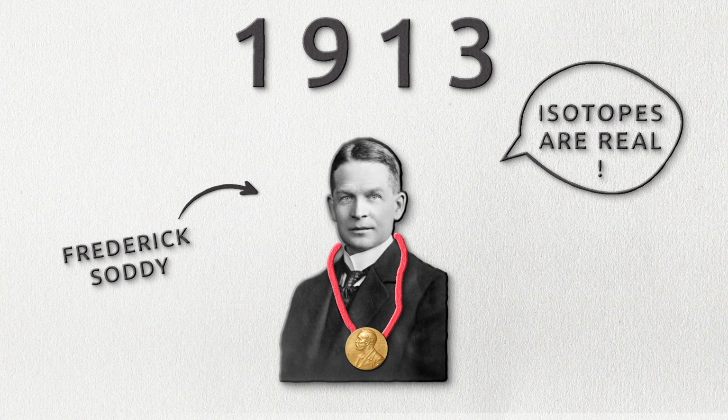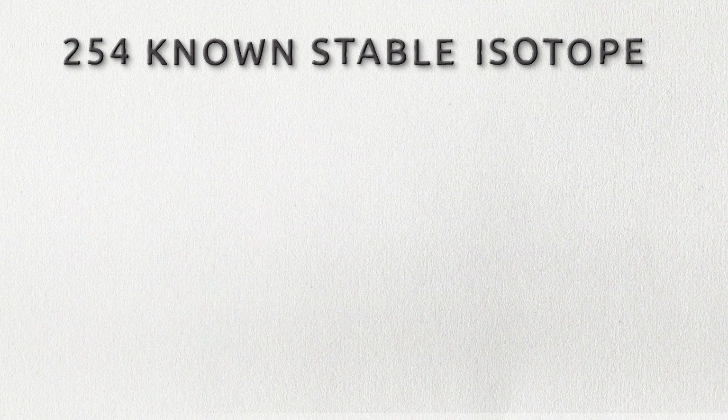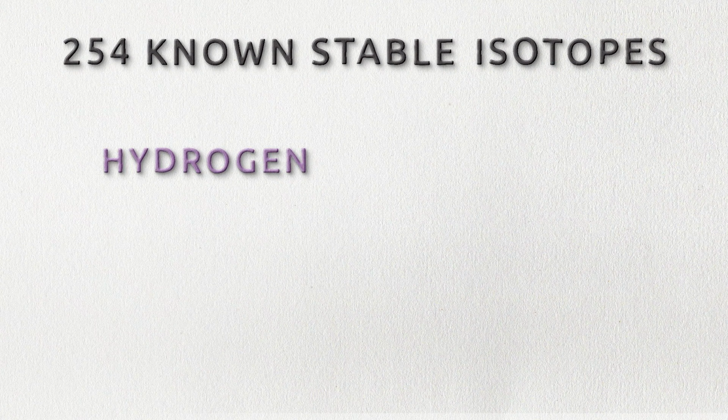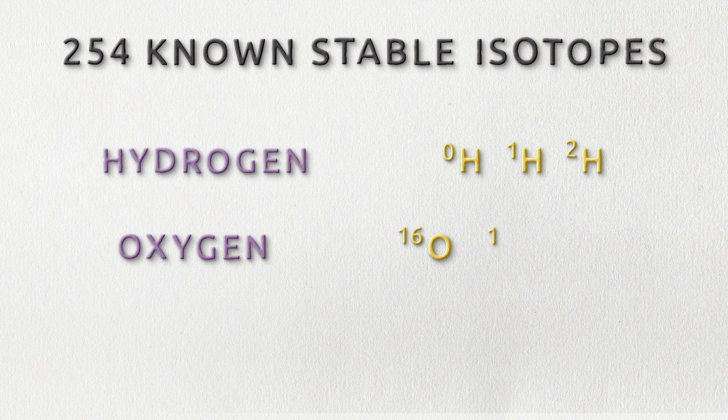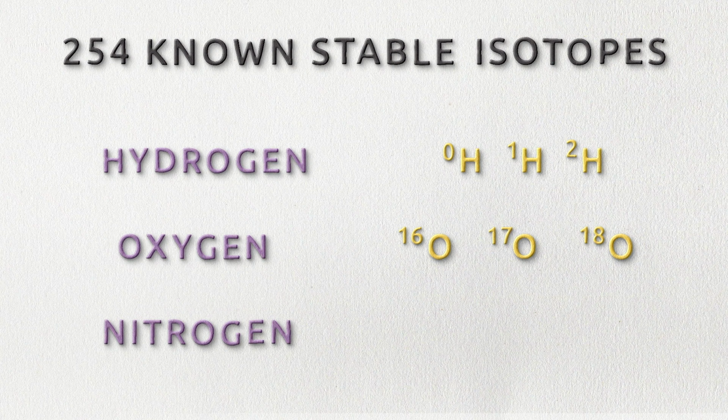Carbon is not the only element with isotopes. In fact, there are 254 known stable isotopes. Besides carbon, some others that you may know include hydrogen with its 3 stable isotopes, oxygen with its 3 stable isotopes, and nitrogen with its 2 stable isotopes.